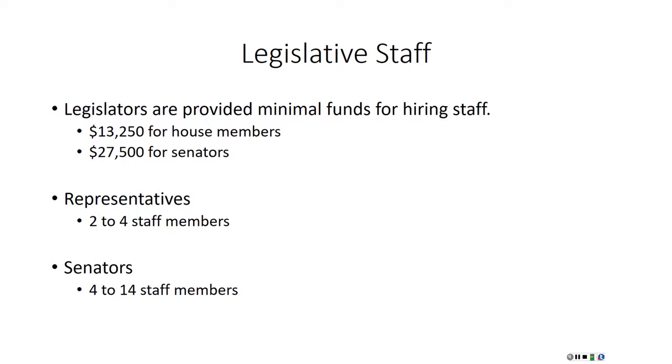Now, that $13,250 for House members, that is not per staff member. That is divided between all of them. So if you hire 4 staff members, they're not making very much money. Senators, they hire 14 staff members, they're making less than $2,000.